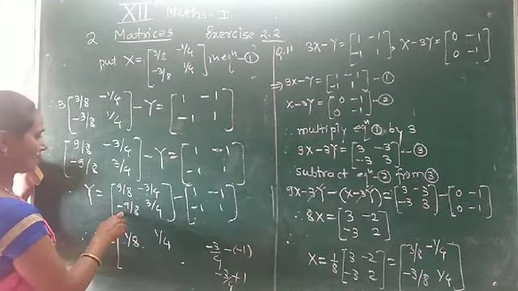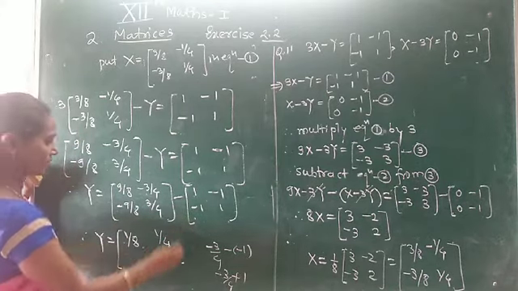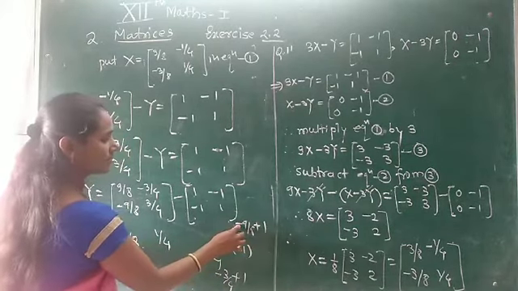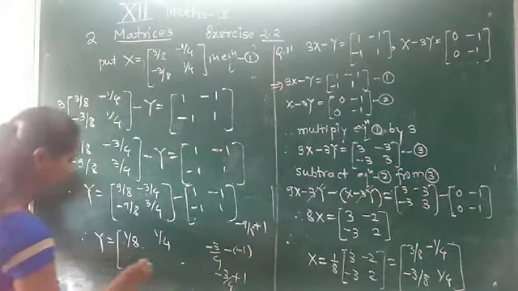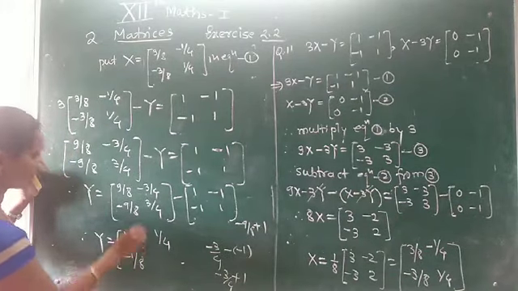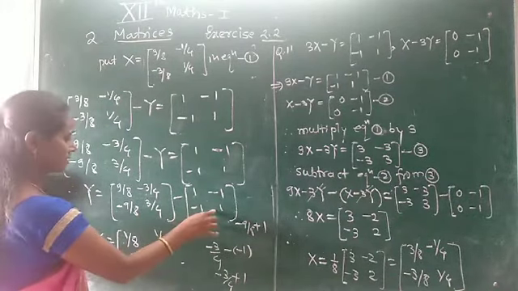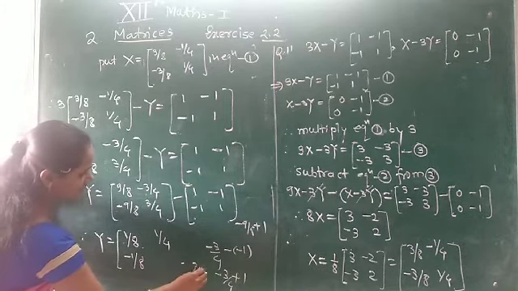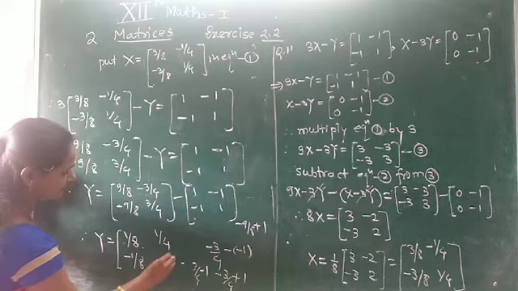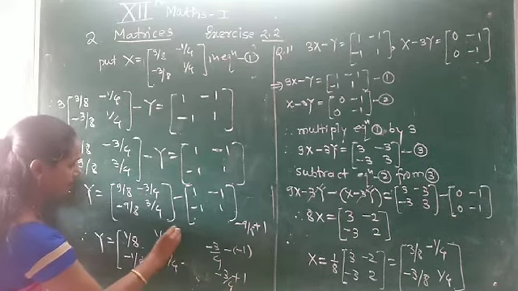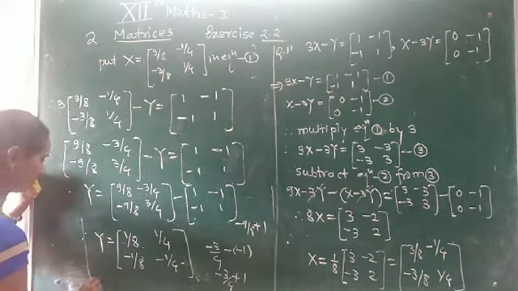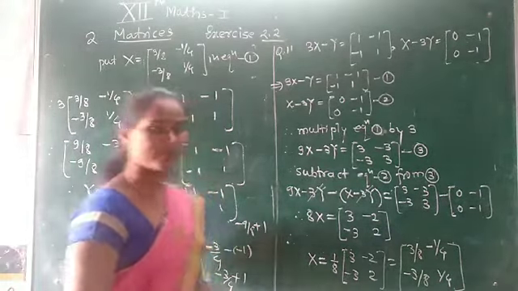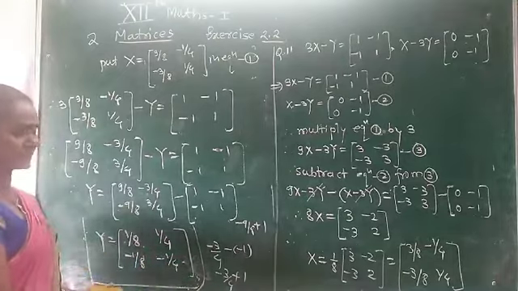Next, minus 9 by 8 minus minus plus 1, so minus 9 upon 8 plus 1, that means minus 9 plus 8, that is minus 1 upon 8, and here 3 by 4 minus 1, that is minus 1 upon 4. So this is the value of matrix 1 and this is the matrix X. So we will get the values of X and Y.